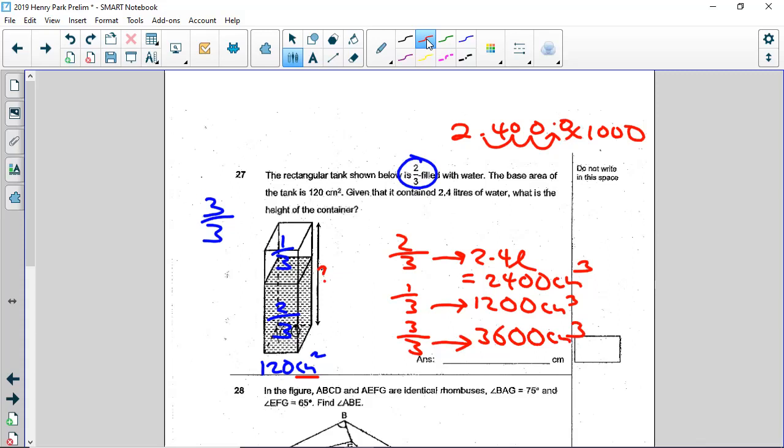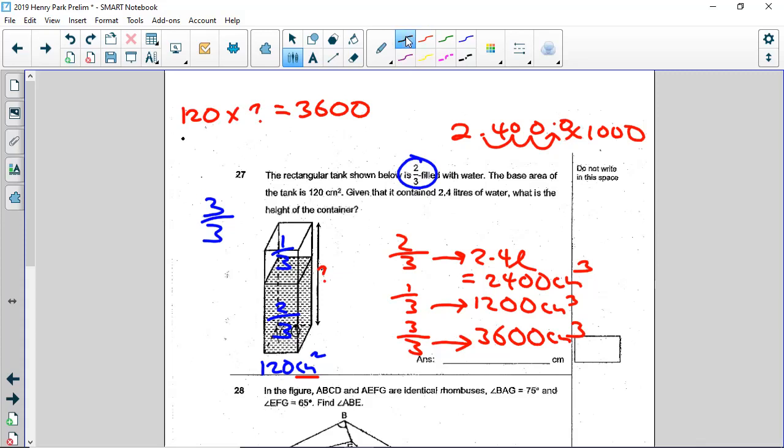Base area times height, which I don't know, will give me the volume of the container. If you don't know how to find the height, write down your formula: base area times height equals volume. So how do you get the question mark? You take 3,600 divided by 120.